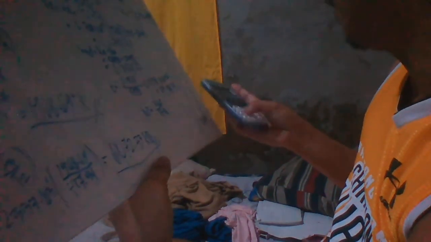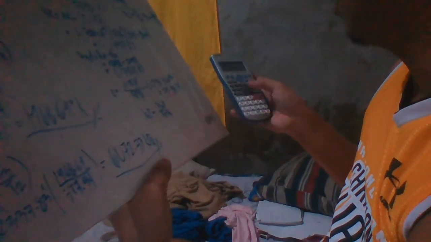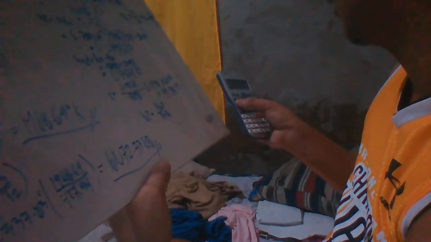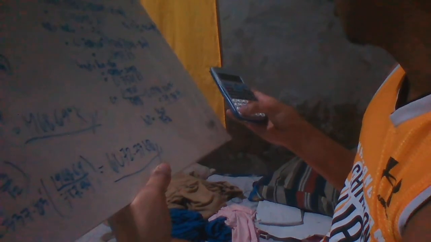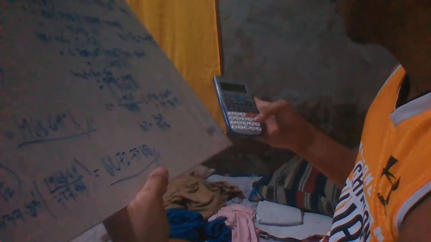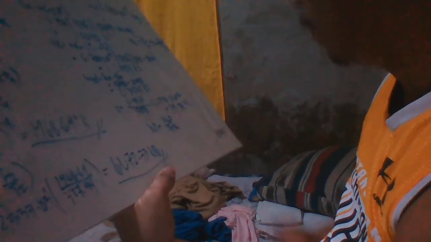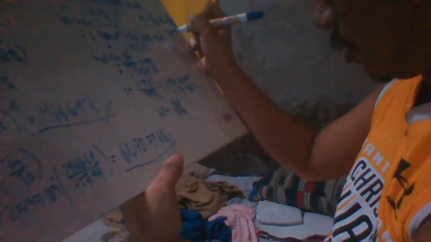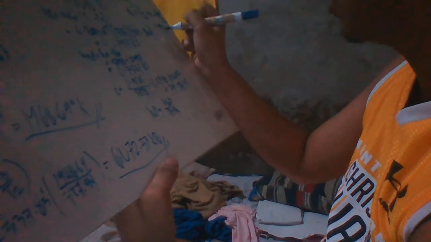Solving this, 9.5 equals 3 over 5,000 over X, so we will have V2 of 6.316 times 10 raised to negative 5 cubic meter.